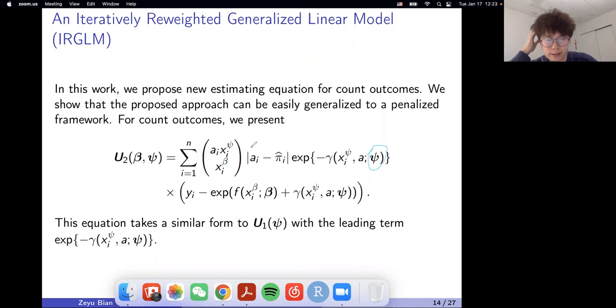In this way, we propose to solve this estimating function iteratively. So first, we assign a random value for psi in this term here. Then we keep updating to solve this equation, keep solving for the psi in this term here. And we keep doing this iteratively until convergence. And that's why we call our method iteratively reweighted generalized linear model.